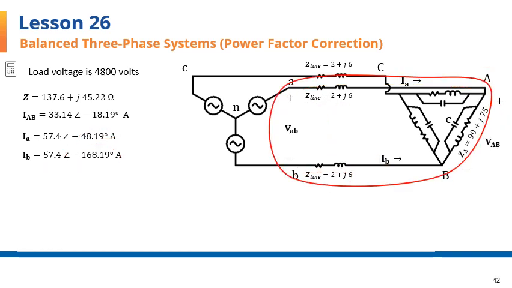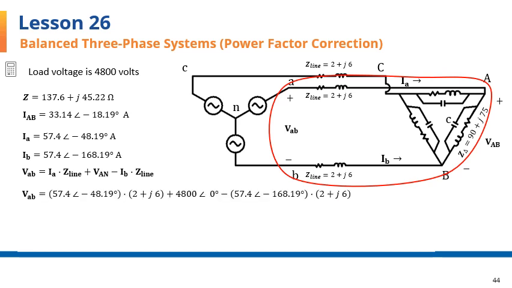Here's that loop, and here is the equation for calculation of VAB. VAB equals this voltage drop, IA times Z line, plus the voltage across the load, and minus IB times Z line.